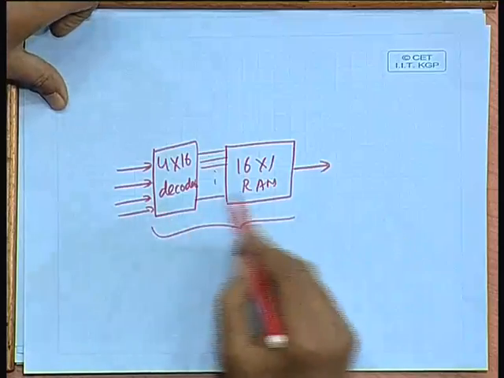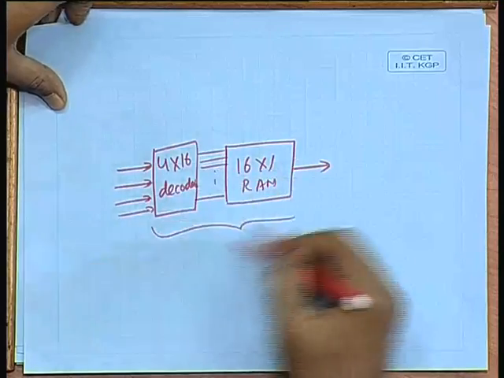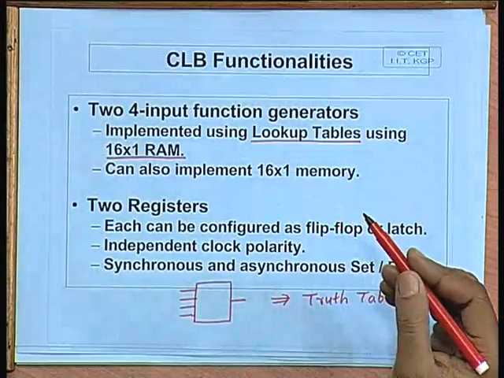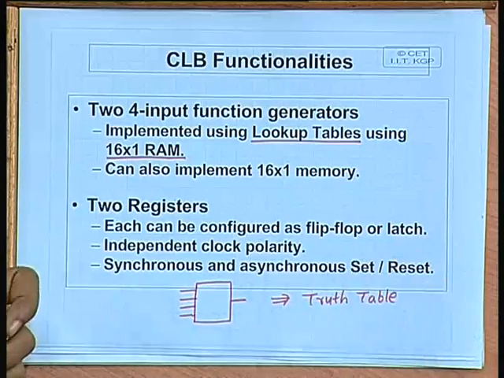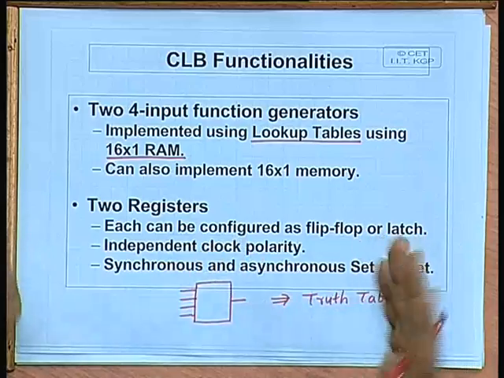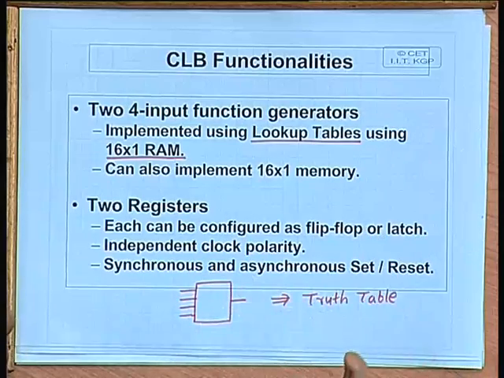Now, of course, this decoder and this RAM have to be fast in order to have a reasonable performance. In fact, in FPGAs the RAMs are also designed using semiconductor technology which is fast, not using the conventional memory technology using say capacitive elements for storage.